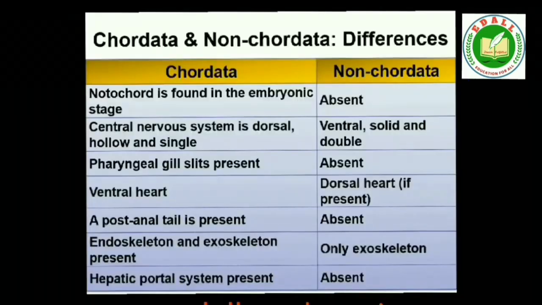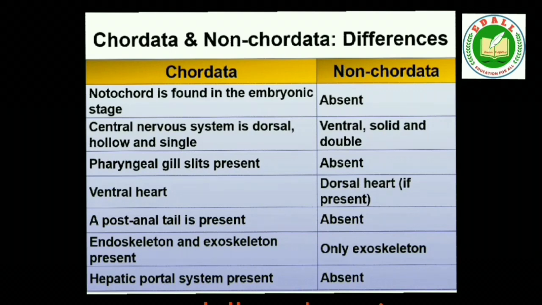Listen carefully, a comparison of salient features of chordates and nonchordates. 1. Notochord is present in chordates, while in nonchordates notochord is absent. 2. Central nervous system is dorsal, hollow and single in chordates, while in nonchordates central nervous system is ventral, solid and double. 3.